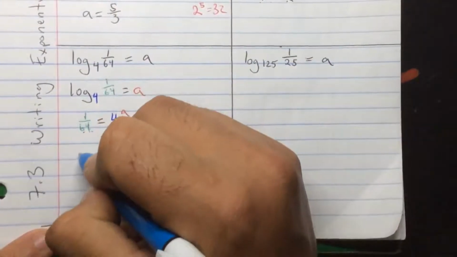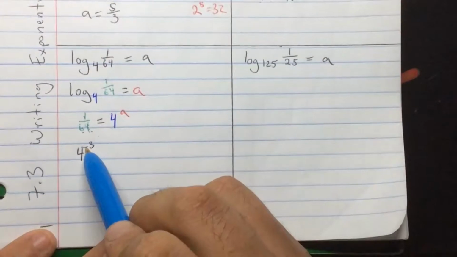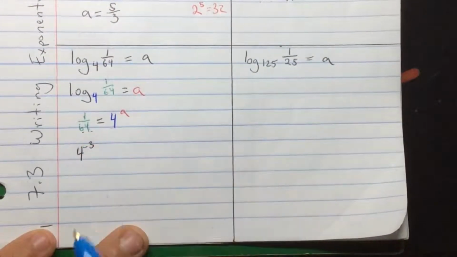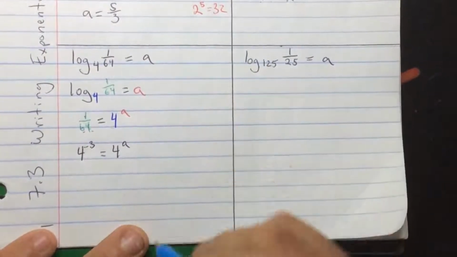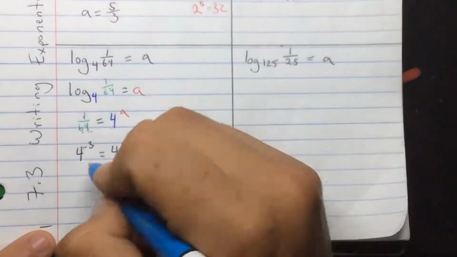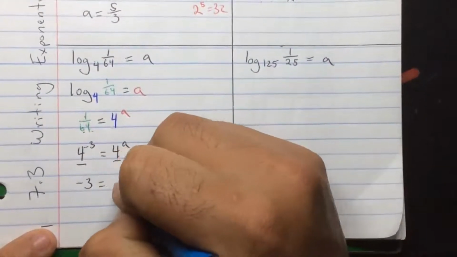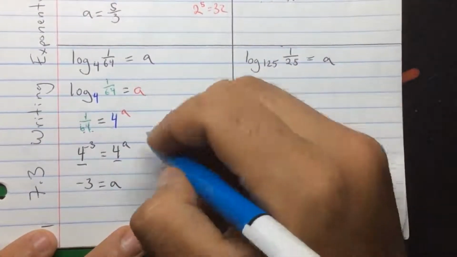And 64 is 4 cubed. So this one actually ends up looking like this: 4 to the negative 3, because the negative would make it 1 over 4 to the third power, and 4 to the third power is 64. So now we can just write this over here, 4 to the a. Since these have the same base, we can say our negative 3 is equal to our a. And once again, we will do our check.